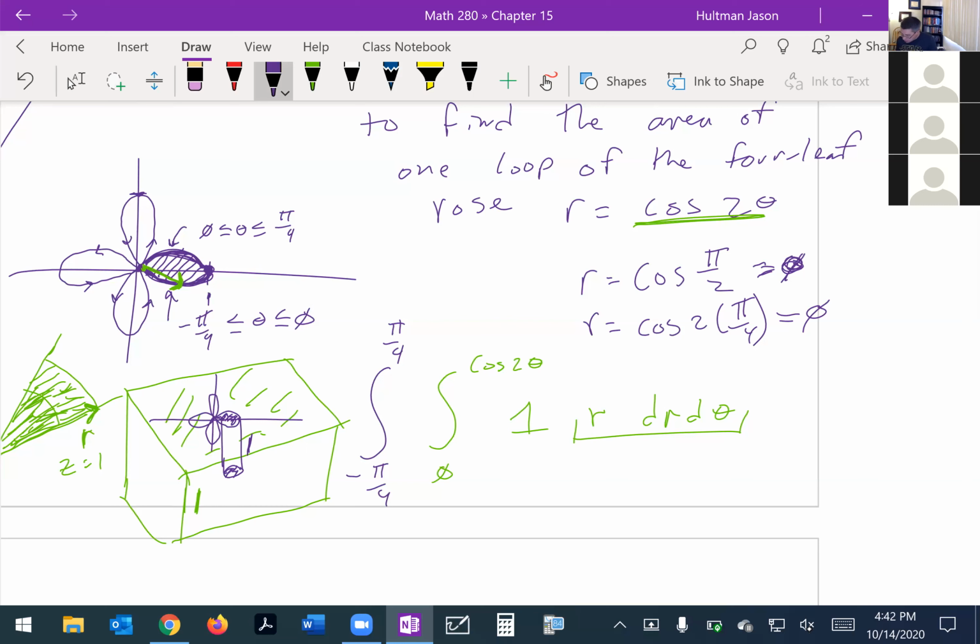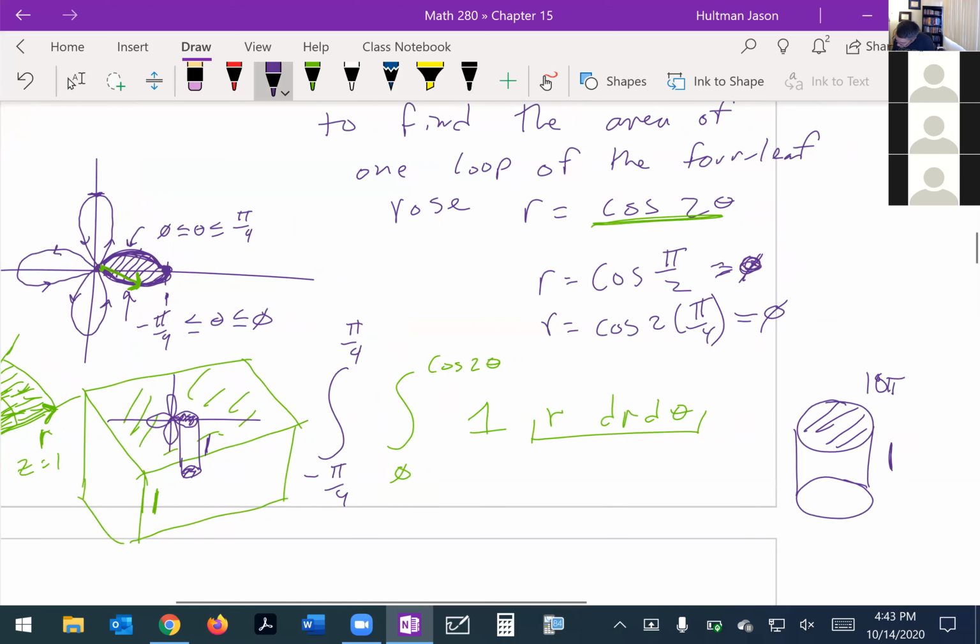Because once again, what's the difference between the area of a circle and the volume of a cylinder of height 1? Well, the numerical value is the same. Say that this was 16 pi units squared.